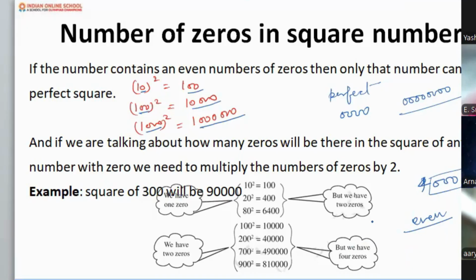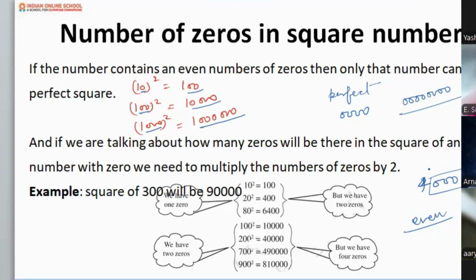Yes, Yuvan. Ma'am, so for example, if we take 500, is it also a perfect square? No. But see, for being a perfect square, an even number of zeros should be there. But not every number that contains an even number of zeros is a perfect square.